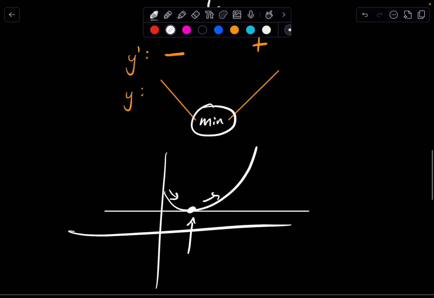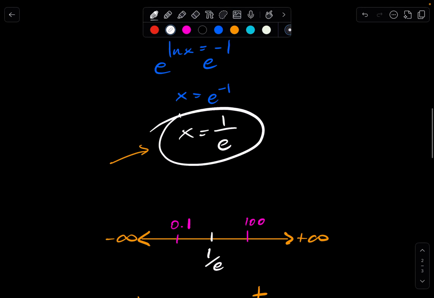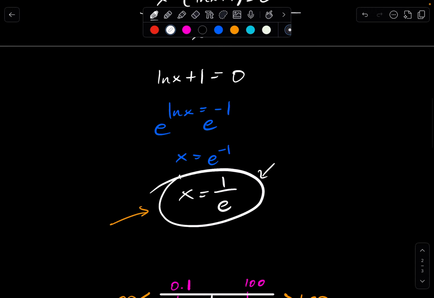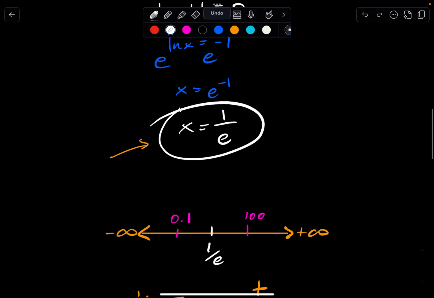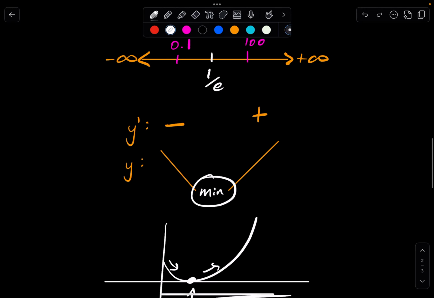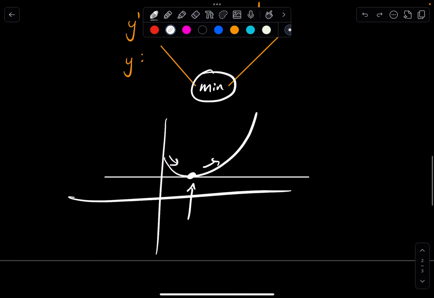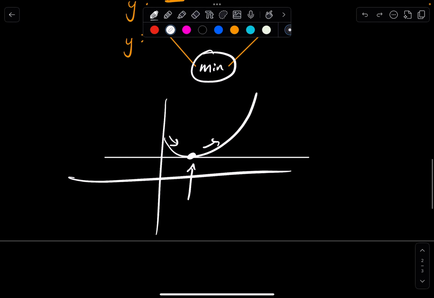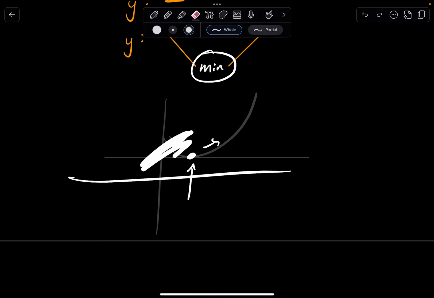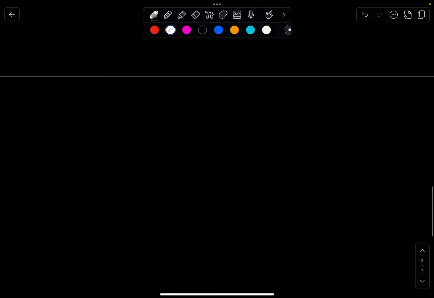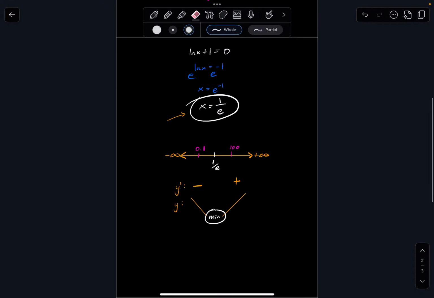There's no other minimum of the function. And we proved that this is the only value such that this is true. So yeah, that value is indeed 1 over e. In mathematics, e just shows up in the craziest places, and it's so satisfying. So yeah, our minimum of the function would be 1 over e. And we proved that analytically as well.